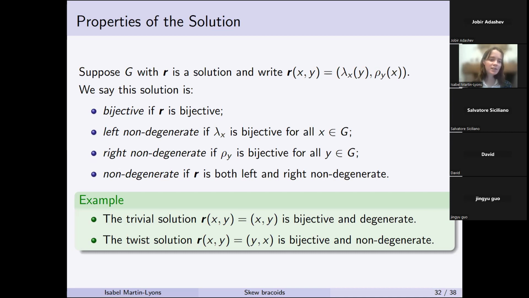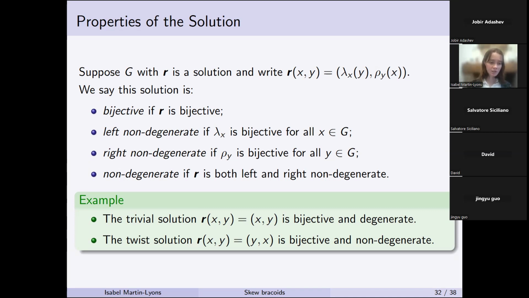We say that a solution is bijective if R is bijective. Left non-degenerate if lambda sub x is bijective for all x in G. Right non-degenerate if rho sub y is bijective for all y in G. And non-degenerate if it's both left and right non-degenerate.